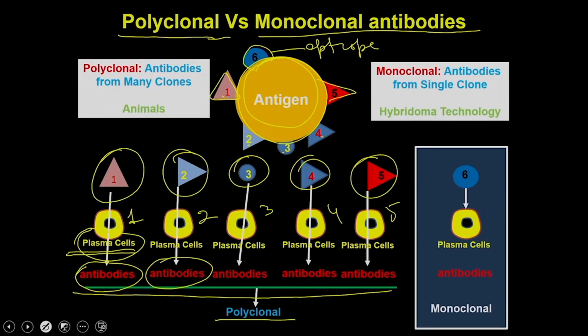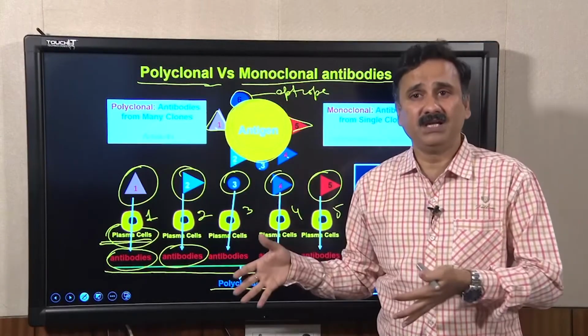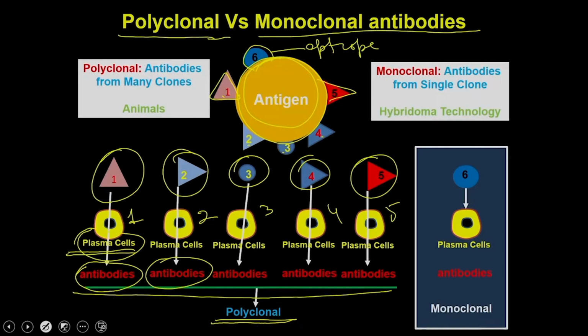Poly means many, clonal means the clones, which means the antibodies are coming from multiple clones, against multiple epitopes of a single antigen, and the resultant antibody is called a polyclonal antibody.